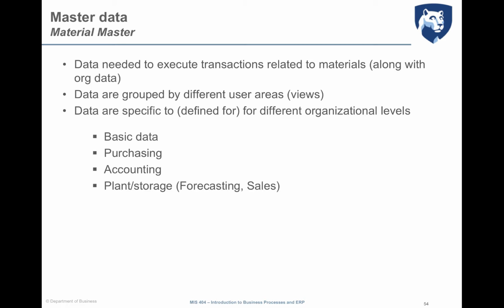In particular, we have basic data, which are data common to and shared with every function participating in the purchasing process. But then we have some views on the data according to purchasing, a view according to accounting, and some specific information which has been made visible at plant storage level, for forecasting and sales.